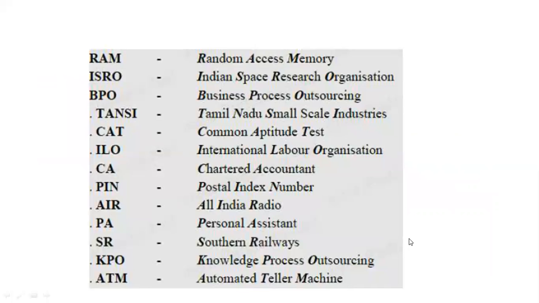So now we can see the abbreviations. First one is RAM. What is meant by that? Random Access Memory. ISRO, Indian Space Research Organization. BPO, Business Process Outsourcing. TANSI, Tamil Nadu Small Scale Industries. Then CAT, Common Aptitude Test.